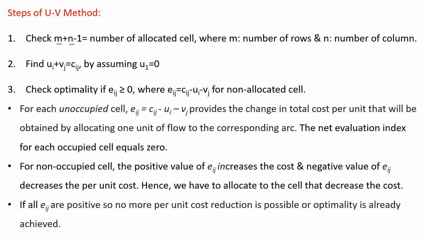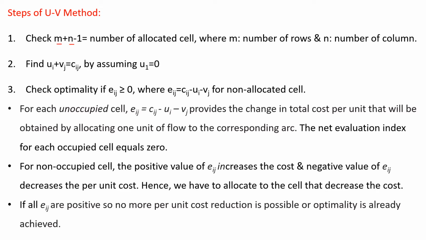Let me say something about those concepts. For each unoccupied cell, Eij equals Cij minus Ui minus Vj and provides the change in total cost per unit that will be obtained by allocating 1 unit of flow to the corresponding arc. The net valuation index Eij for each occupied cell equals 0, whereas for a non-occupied cell, a positive value of Eij means the cost increases if we allocate to that particular cell.